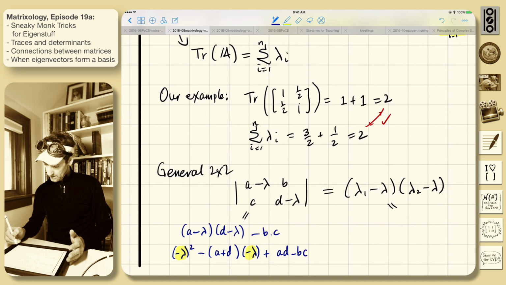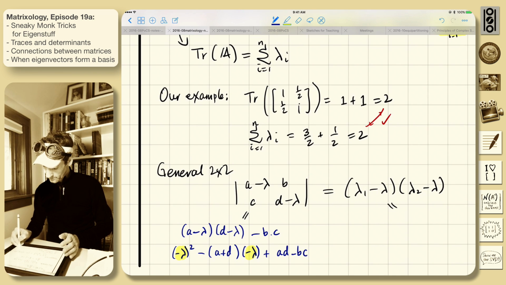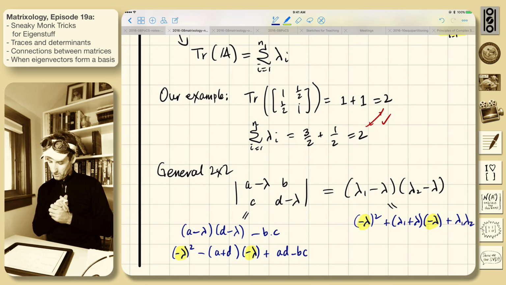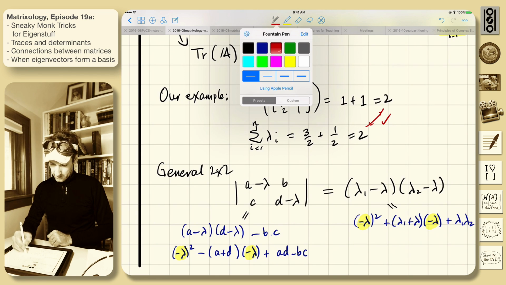Let's just highlight the parts of the polynomial, the rest are constants. Once we work out the polynomial, we'll have these two roots. If we expand this one, we get minus lambda squared plus lambda 1 plus lambda 2 times minus lambda, and then plus lambda 1, lambda 2. So the variable is here, and the rest are constants. Matching things up, we actually get both of the results we've had before. That should be a plus there.